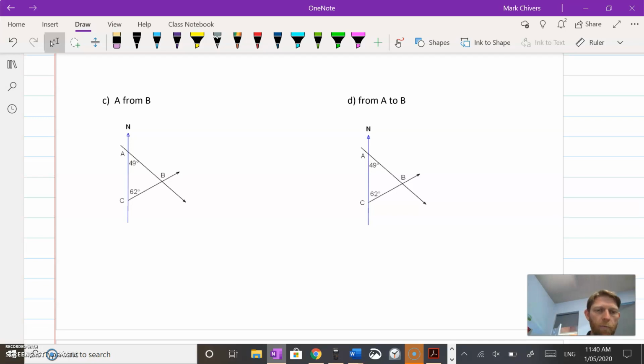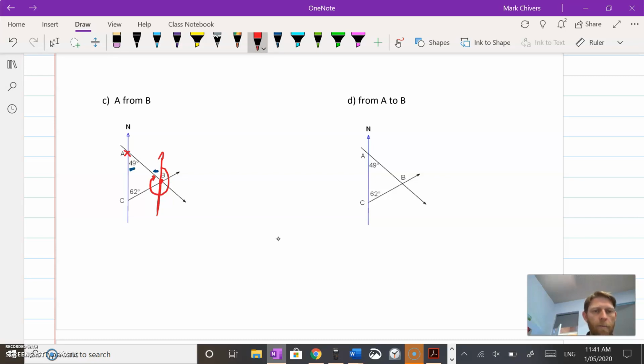A from B, well, where am I from? I'm at B, and I want to know the bearing of A from B. So I need to draw myself a little north line, and what I'm after here is that angle around there. Now, if I extend my north-south line out here a little bit, I can see that this angle here is going to be equal to this angle in here.